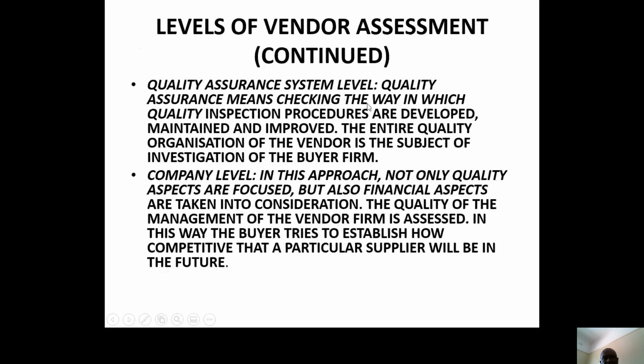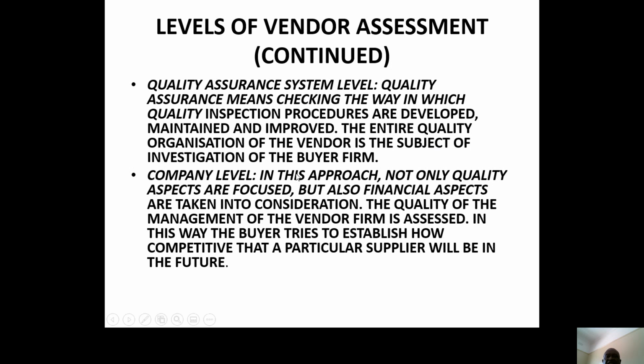Quality assurance system. Quality assurance is checking on the way in which quality inspection procedures are developed by the vendor or by the supplier. Maintaining the entire quality organization of the vendor is the subject of investigation of the buyer's firm or of your organization if you are the buyer.